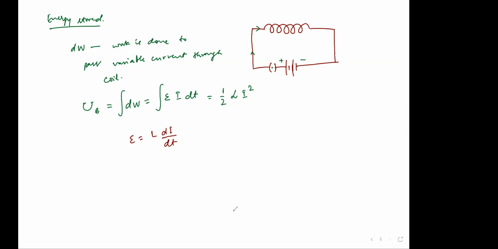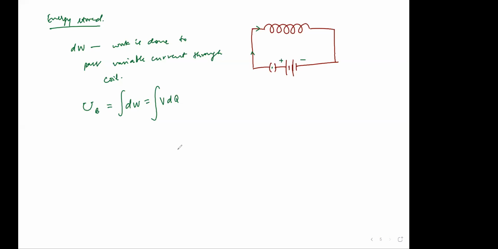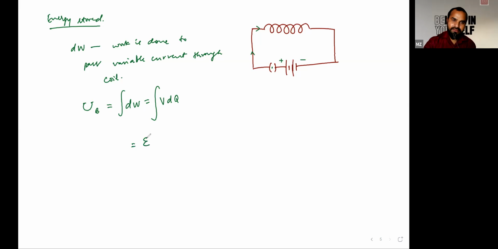So how do you get that EIDT? Just one minute. Potential energy is nothing but the amount of work done. Work done is nothing but voltage into charge. Is it clear? Yes, sir. Voltage is nothing but EMF, so we can write EMF into dq.